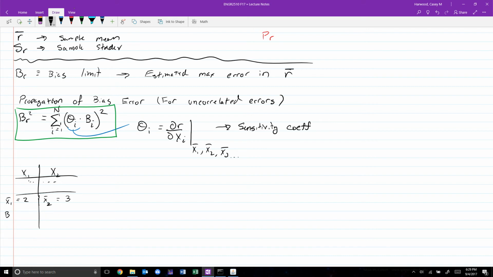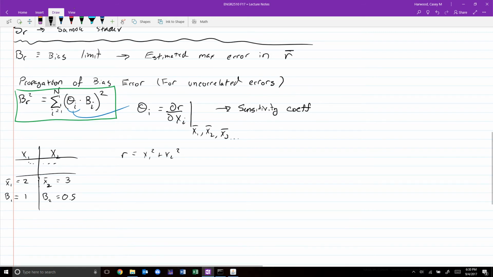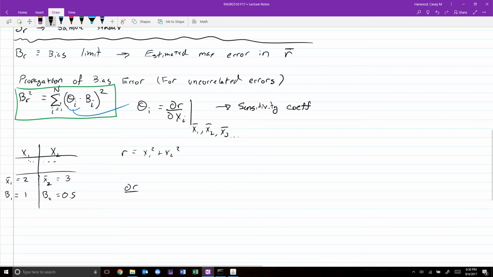Let's say you're given that b1 is equal to 1 and b2 is equal to 0.5. You're also given a data reduction equation that says r is equal to x1 squared plus x2 squared. So partial r by partial x1 is going to give you 2x1. Partial r by partial x2 is going to give you 2x2.